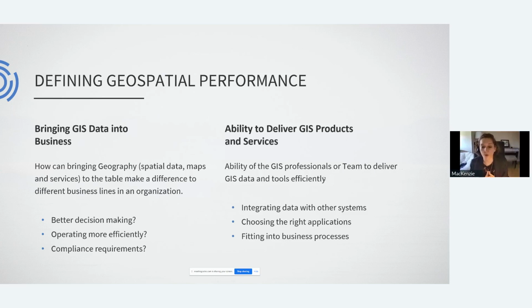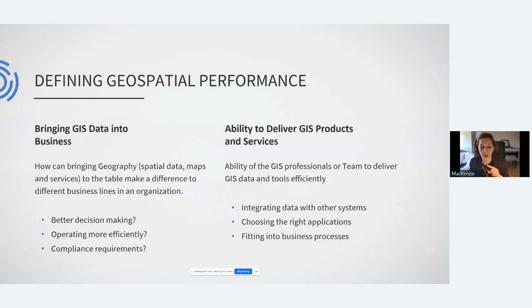And then there is the ability of our GIS teams, as the GIS professionals in an organization, to deliver those GIS products and services. What is our ability to service the data, the tools, and the maps to these other business lines that can benefit from GIS data?